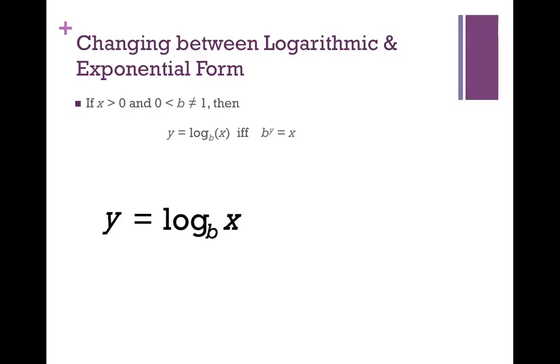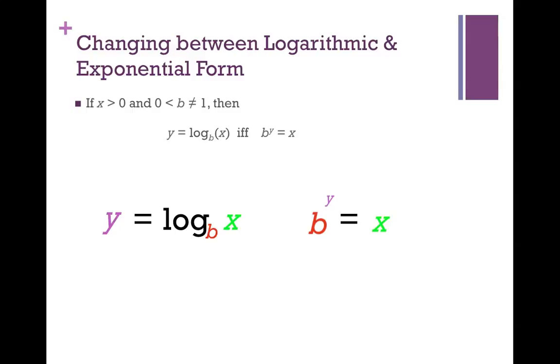Now, just as a quick reminder, remember if we have y equals log base b of x, that is the same as having b to the y power equal x.